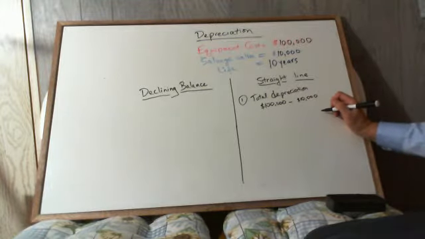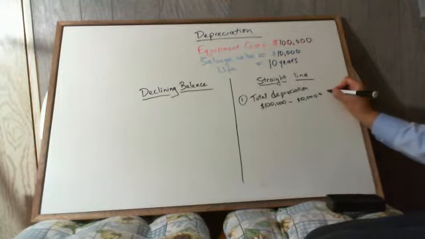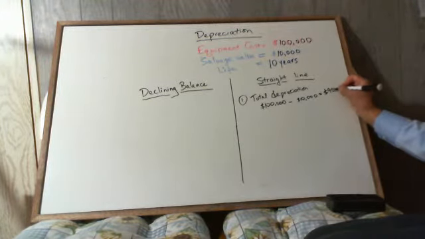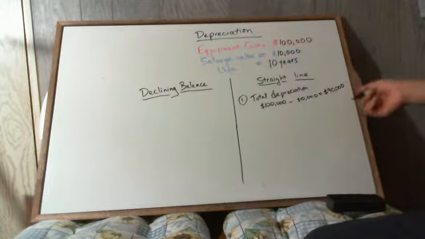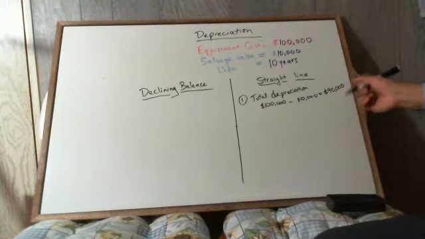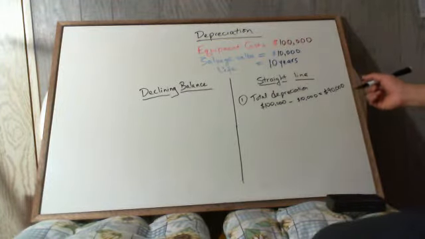So the total depreciation over the 10 years is going to be $90,000, which the company is going to have to account for over 10 years.